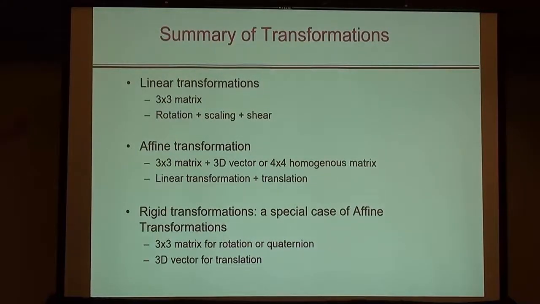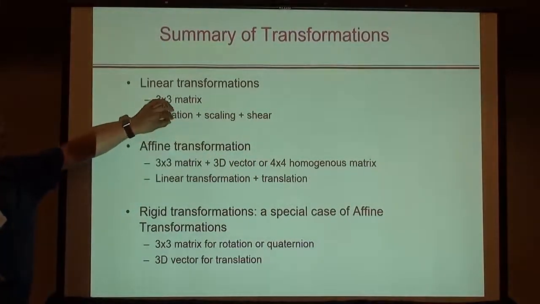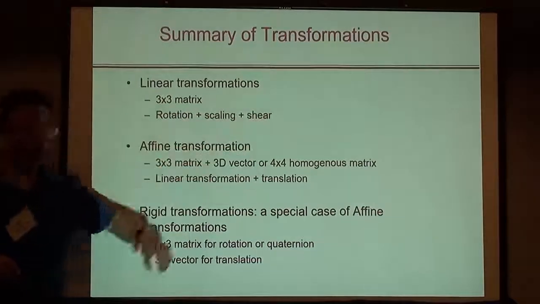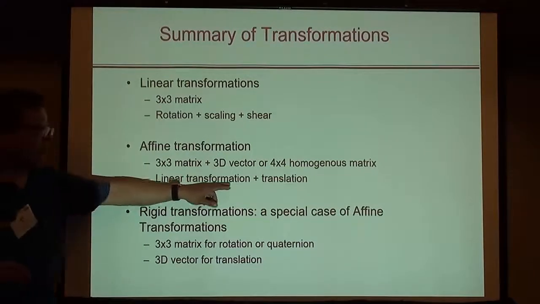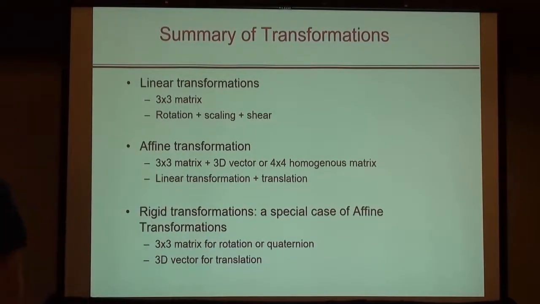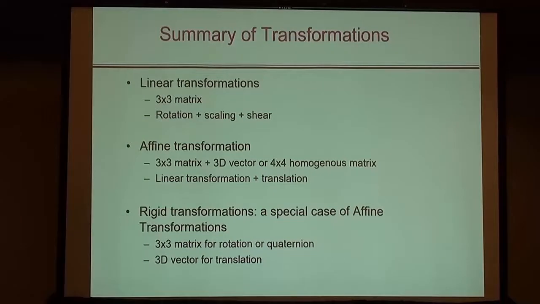So here is the summary. Linear transformation can have rotation, scaling, and shear. Rotation is rigid, and the others are not. Affine transformation is basically linear transformation plus translation. Translation is a vector, not a point. And then rigid transformation is a special case, as we all know.